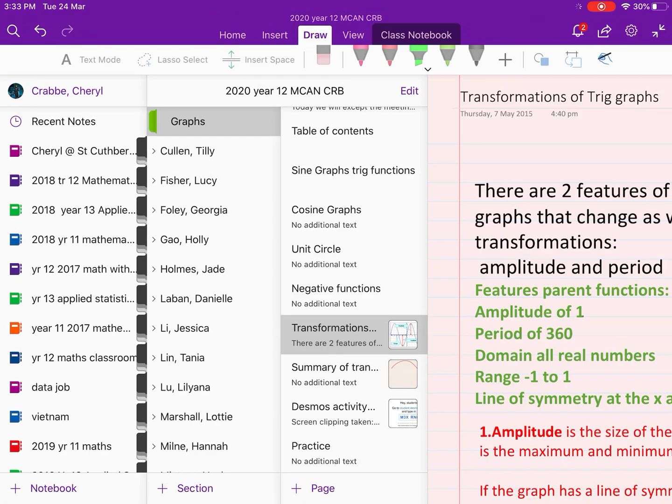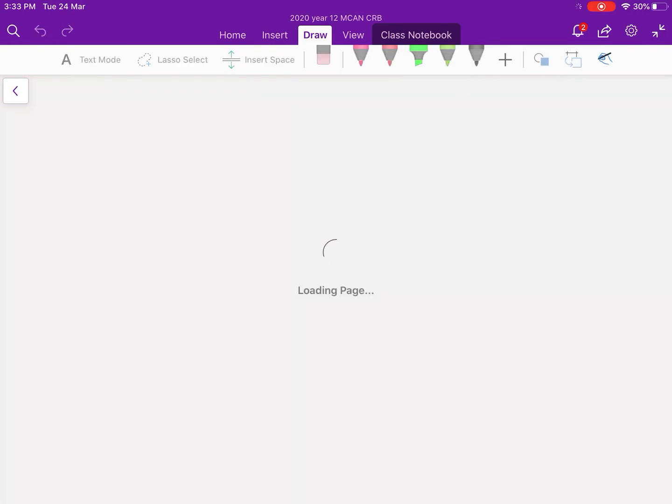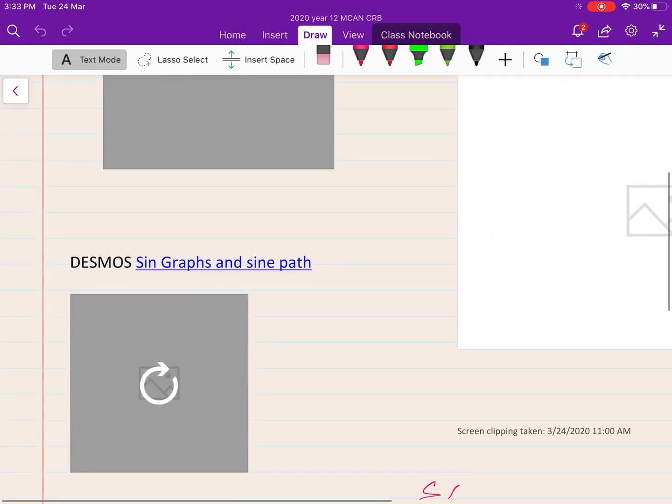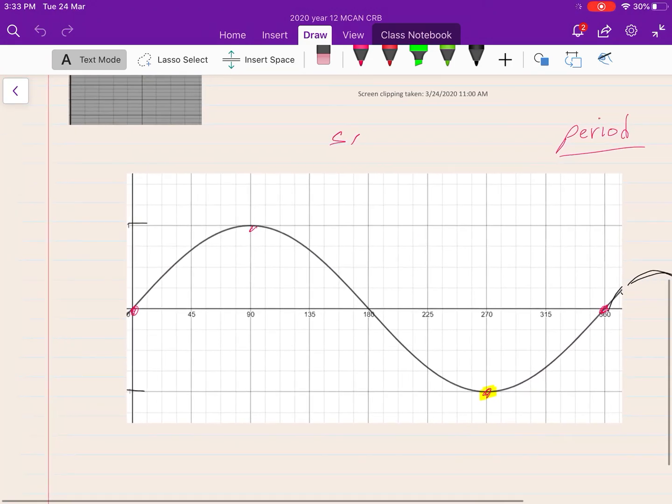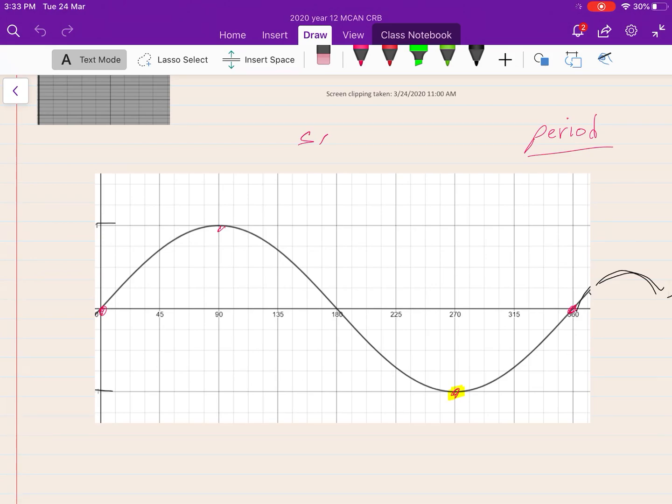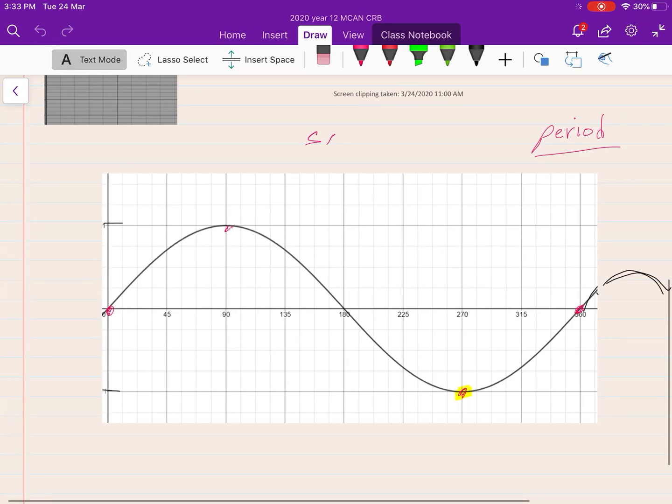All right, so those are the two things that we're going to look at. If you go to a basic parent function of a sine graph, it is basically this. The period is where this thing begins and where it finishes.